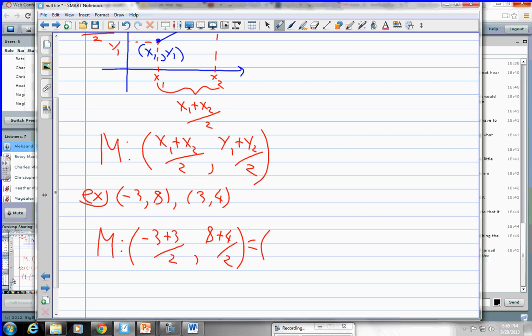So what is the x coordinate? 0. The x coordinate happens to be 0, and the y coordinate is 6. Actually, we just kind of found our y-intercept without really looking for it. It just showed up.